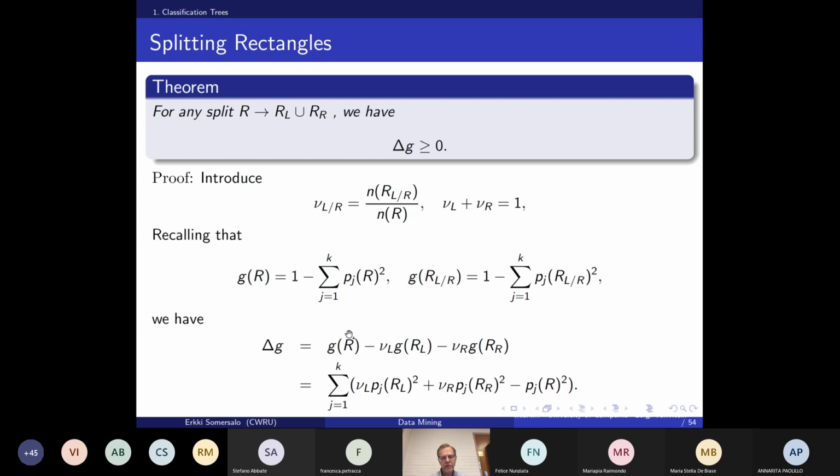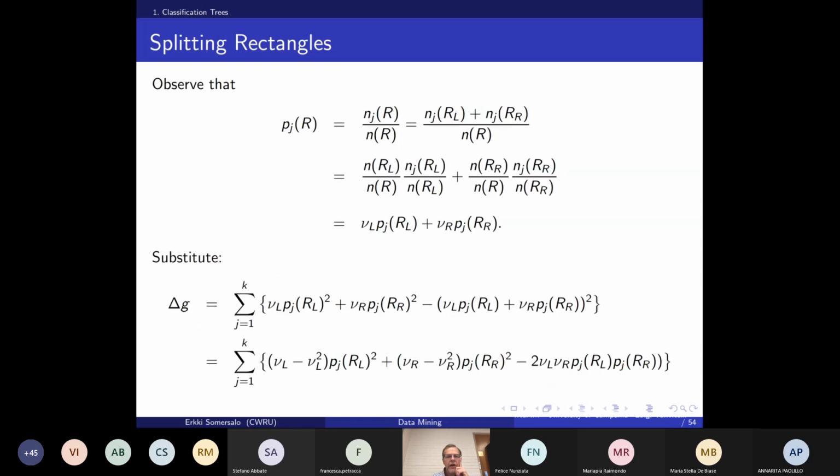And so what I'm left with is the sum of the frequencies new L times the frequencies on the left squared, plus new R times the frequencies on the right squared, minus the frequencies in the original rectangle, all squared, of course. And so this is just an identity that follows simply by substituting these two quantities into there. So this is my expression here. Now I want to show that this number here is positive.